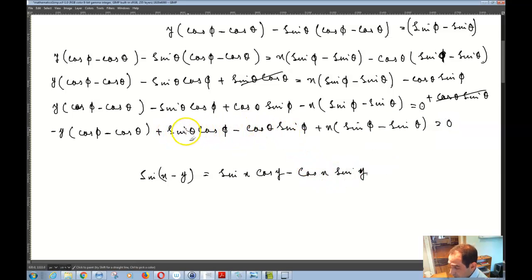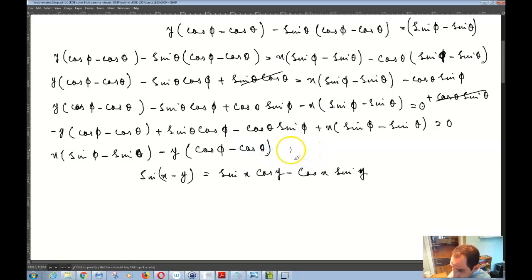And now I have sine theta cos phi minus cos theta sine phi, which is equal to sine of theta minus phi. This becomes x times (sine phi minus sine theta) minus y times (cos phi minus cos theta) plus sine of theta minus phi.